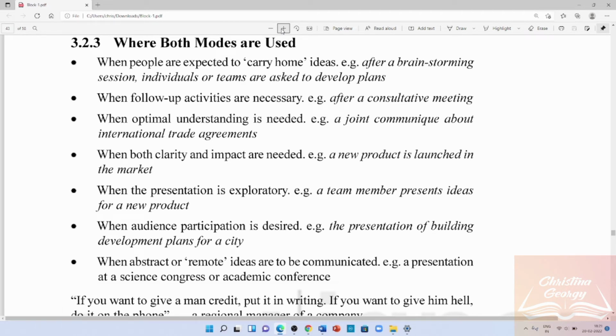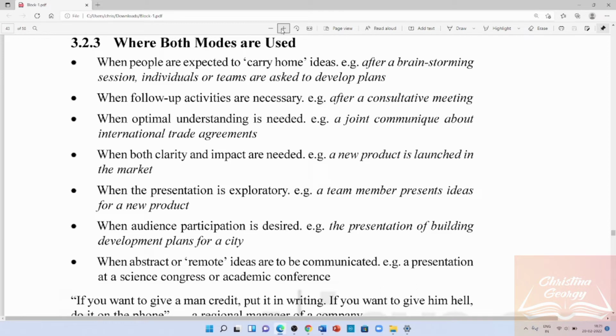This happens when people are expected to carry home ideas. For example, after a brainstorming session, individuals or teams are asked to develop plans. So they make use of both oral and written modes of communication. Similarly, when follow-up activities are necessary, for example, after a consultative meeting.